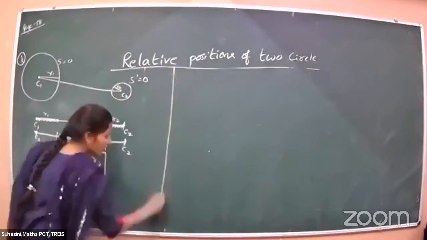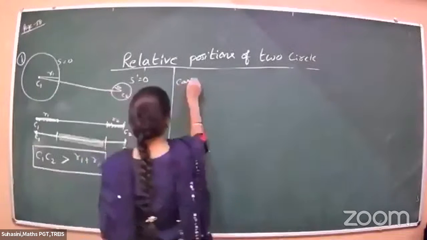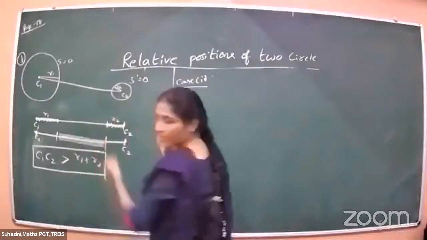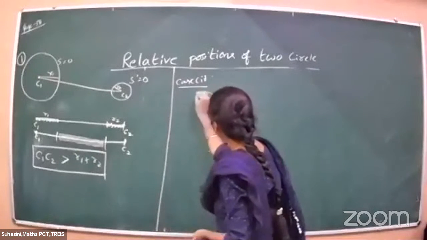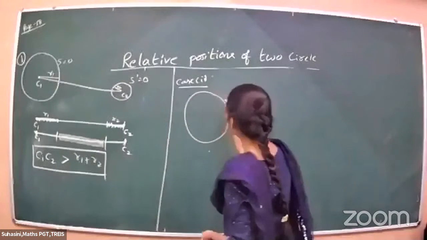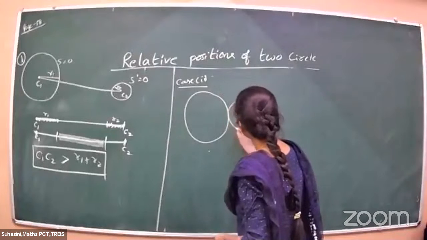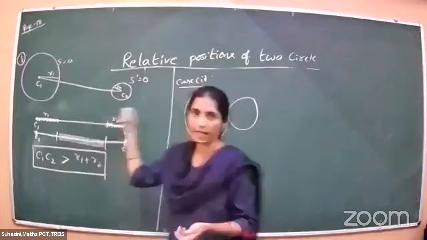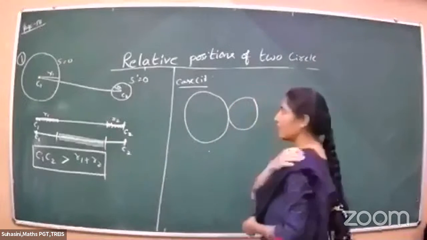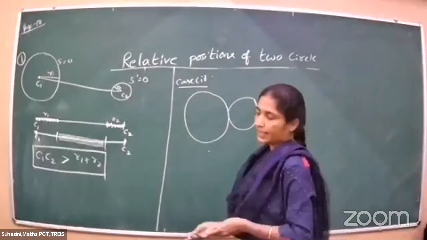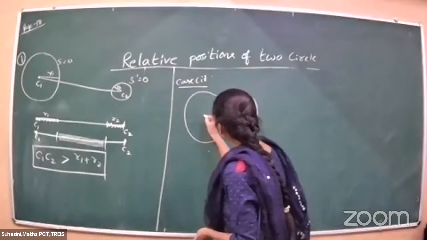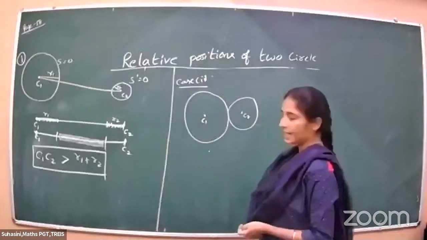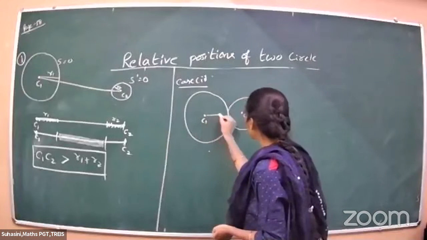Let us take case 2. You can observe case 2 by bringing the circles together, so they touch. These two circles may have the same radius or may not, children. One may be bigger than the other, or they may have equal radii. Let C1 be the center of the first circle and C2 the center of the second circle. Let us join the centers.